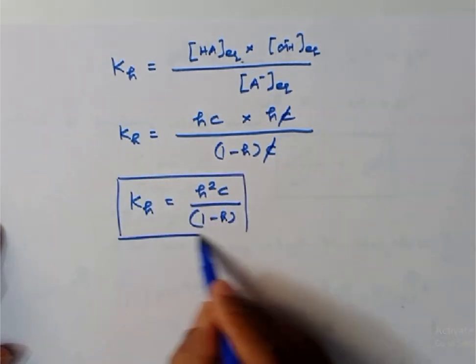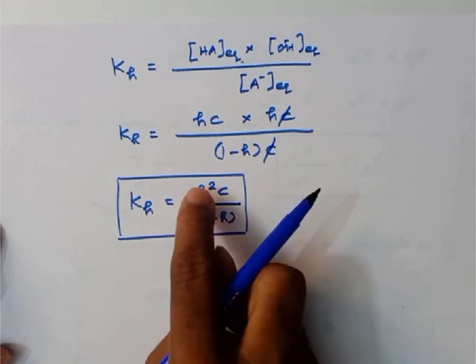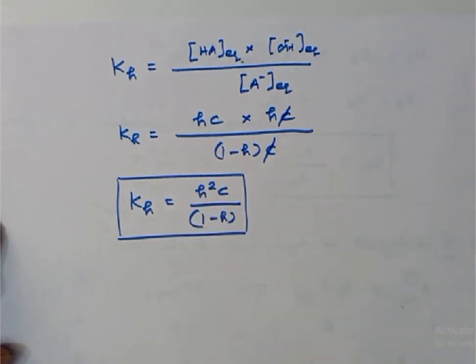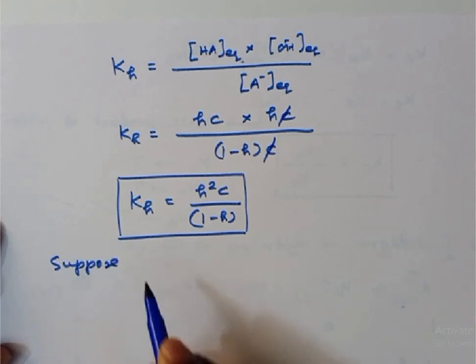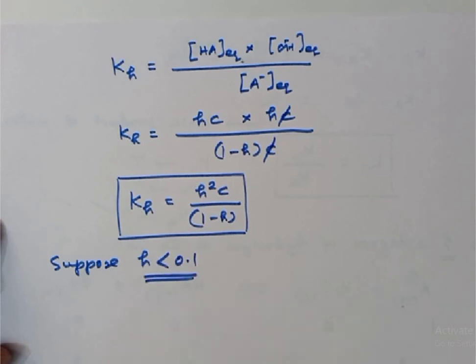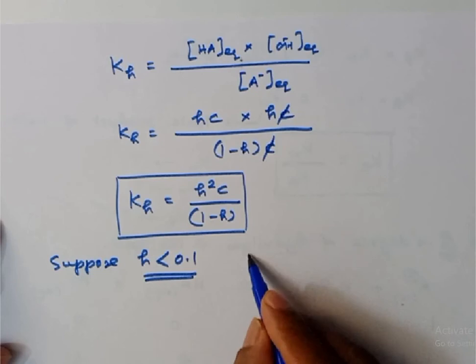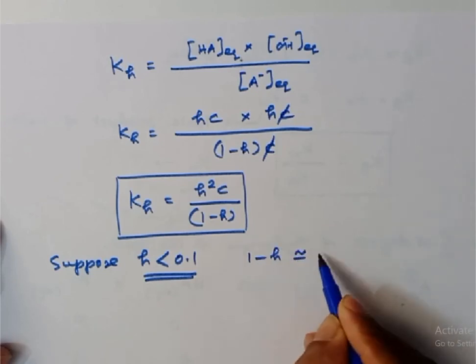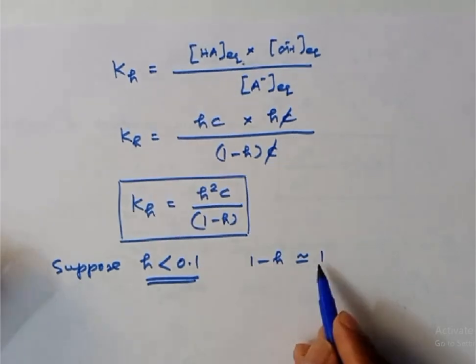This is the relationship between hydrolytic constant and degree of hydrolysis H. Suppose if H value is less than 0.1, in that case 1 minus H is roughly equal to 1.